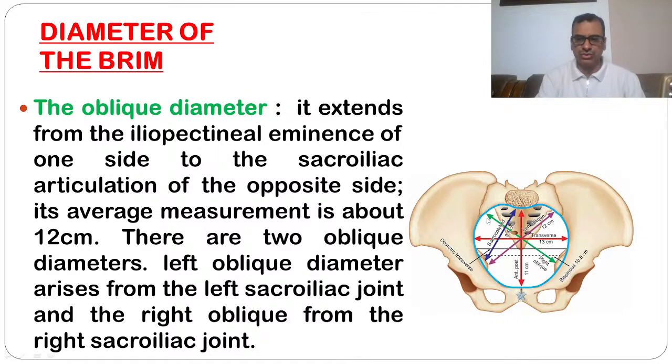There are two oblique diameters, and the average measurement is about 12 centimeters. The left oblique diameter arises from the left sacroiliac joint, and the right one arises from the right sacroiliac joint.